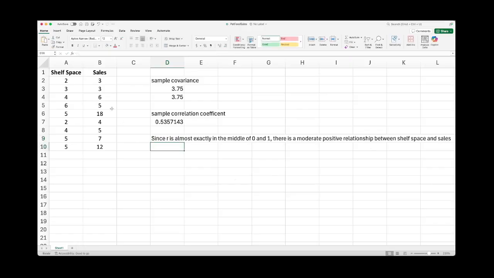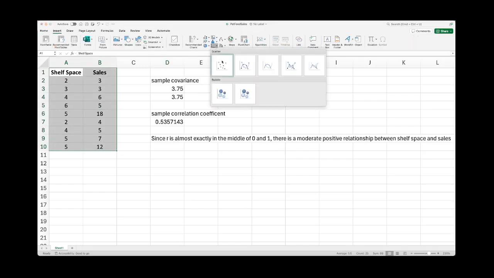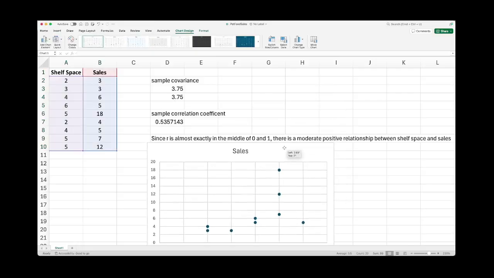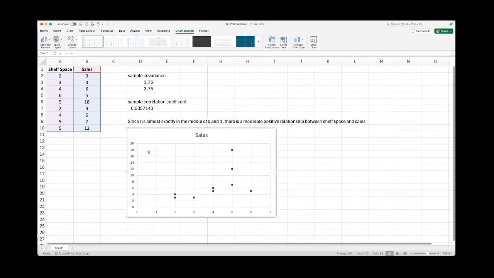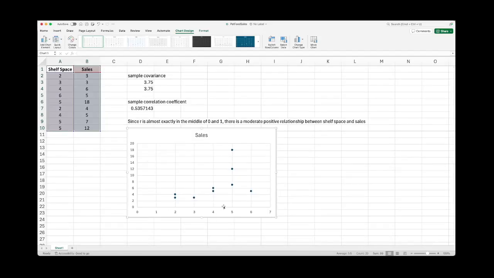And to visualize the relationship, we could make a scatter plot. If I highlight these variables, go to Insert, and insert a scatter plot, I would want to add axis titles and all of that, but it looks like shelf space is the x-axis and sales is the y-axis.